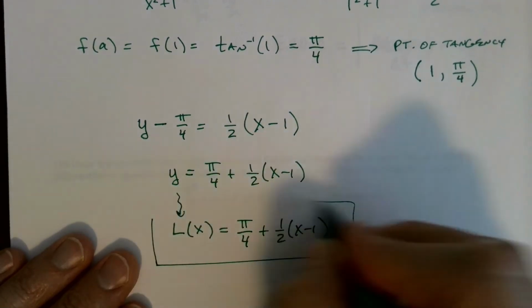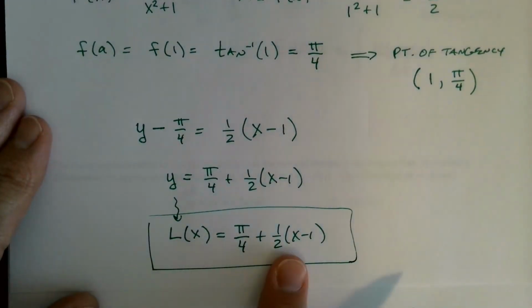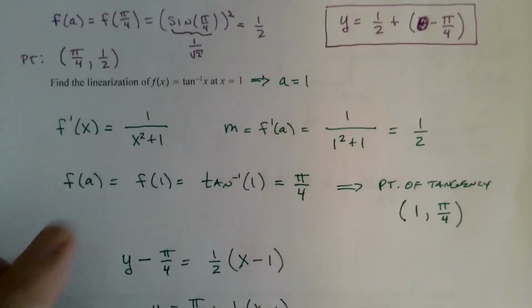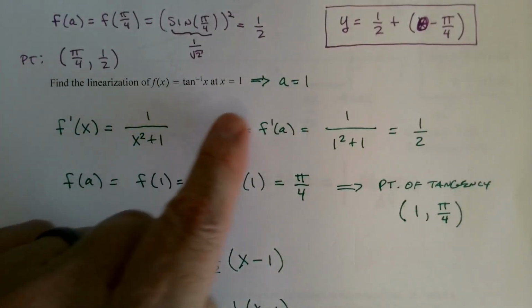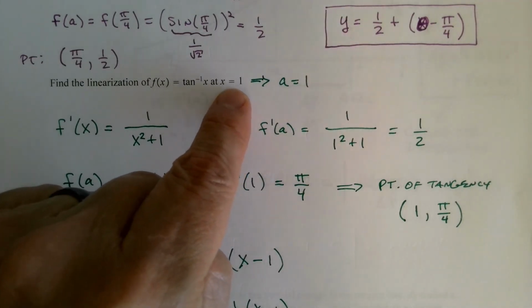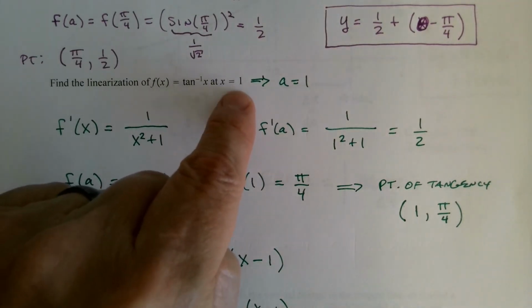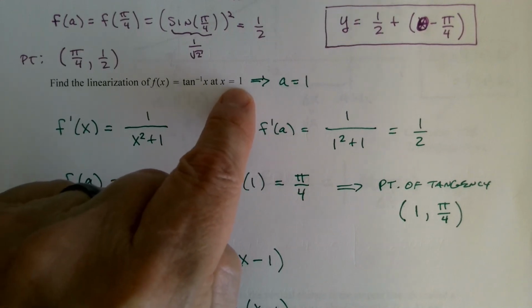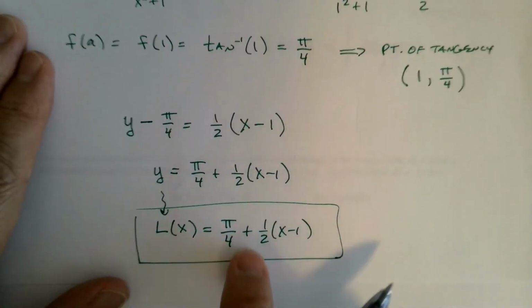So again, here's the importance of this. You can use this function to evaluate the inverse tangent function, as long as you're close to x equal 1, like 1.002 or 0.998 or some value that's close to 1. If you plug it into here, you're going to get a very good approximation.